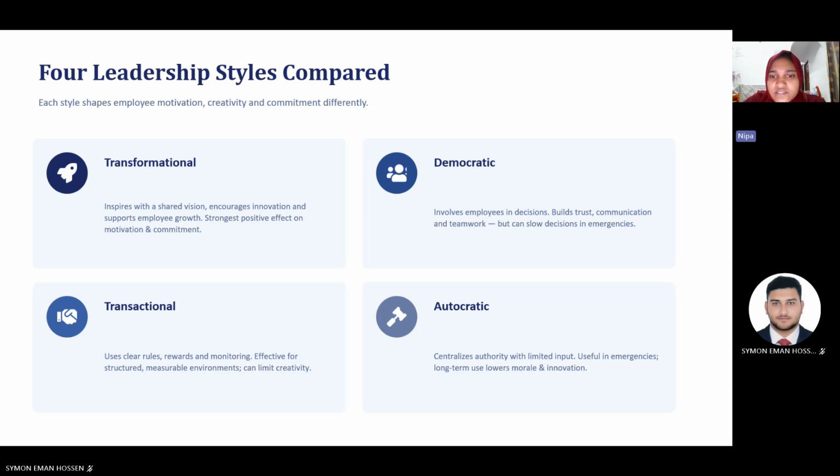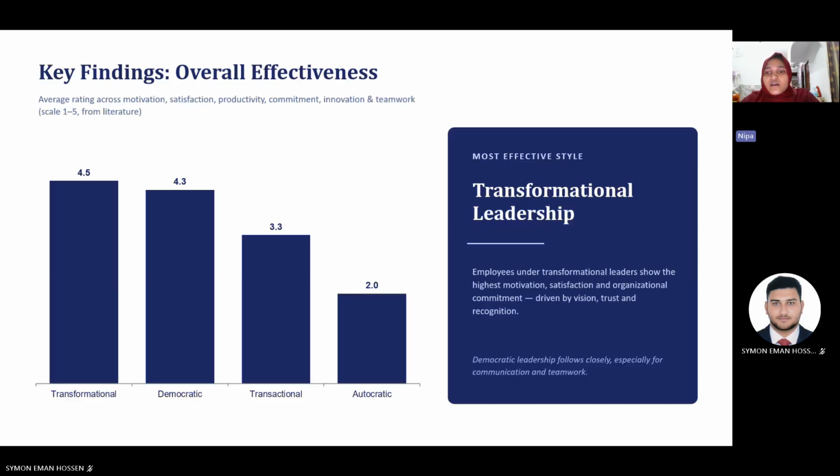Autocratic leaders centralize authority with little employee input, useful in emergencies, but harmful to morale and creating confusion if used long term, with quality dips and tension.